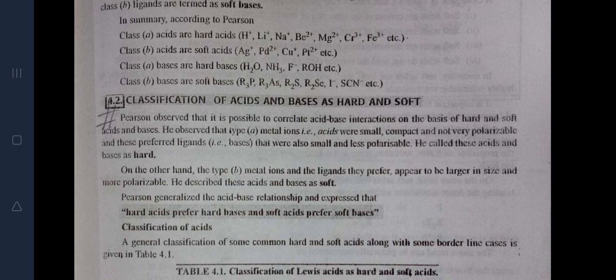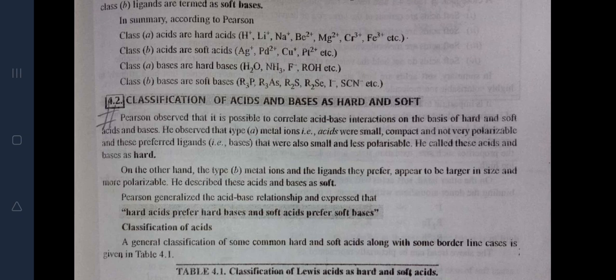Pearson observed that it is possible to correlate acid-base interaction on the basis of hard and soft acids and bases. He observed that type A metal ions, that is acids, were small, compact, and not very polarizable, and these preferred ligands that were also small and less polarizable. He called these acids and bases hard.